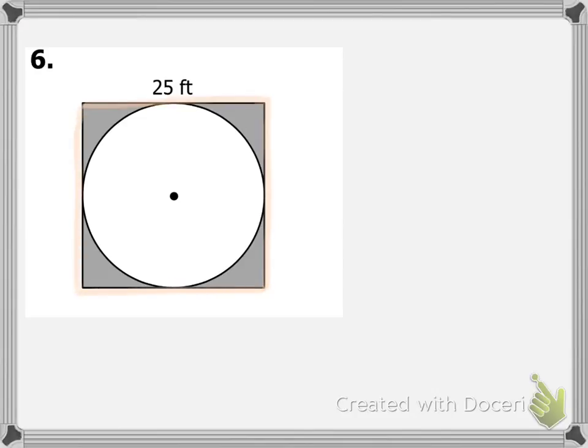Okay, but my area of a square would include everything underneath that circle, right? So I'm going to find the area of the square. So it's going to be 25 squared, which is 625.